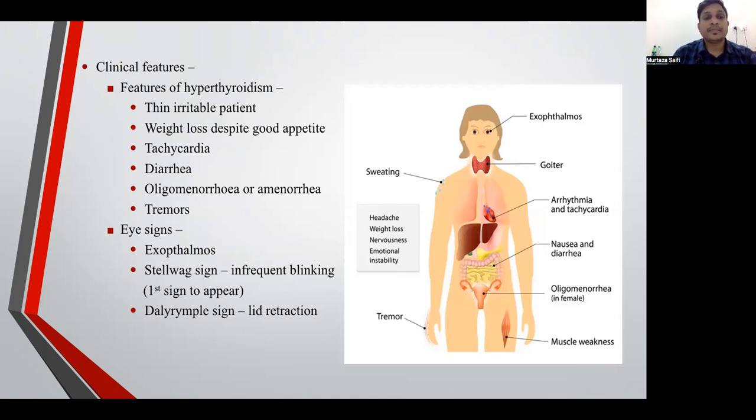Then eye signs, exophthalmos will be there. Stellwag's sign, infrequent blinking, is the first sign to appear. And the limbal sign, there is lid retraction.